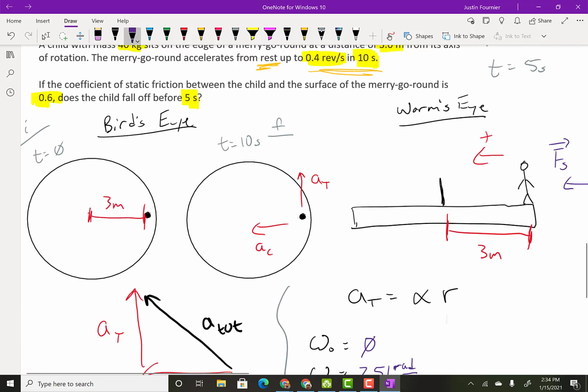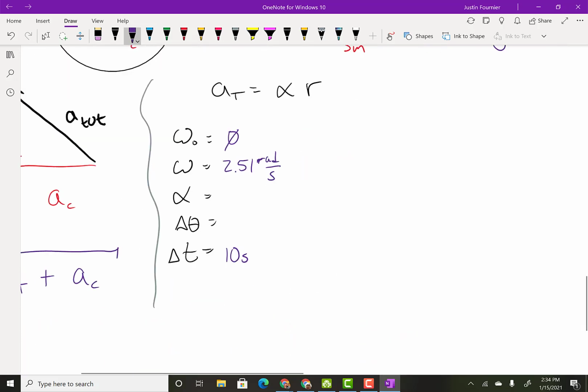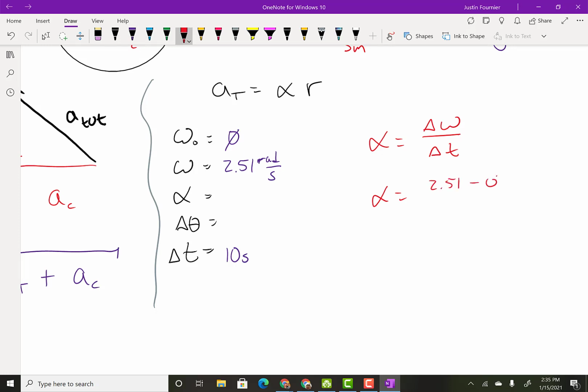And I know the time, it's 10 seconds. So the angular acceleration is the change in omega over the change in time. I'm going to assume constant angular acceleration. That's 2.51 minus 0, the final minus the initial, divided by 10. So my angular acceleration is 0.251 radians per second squared.